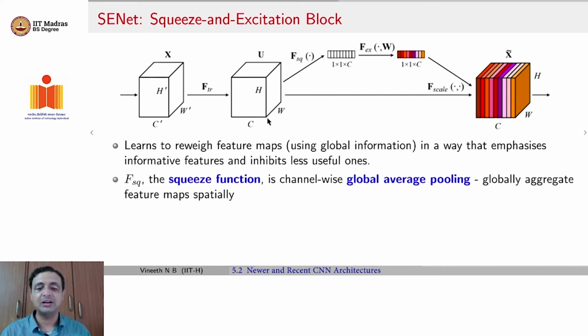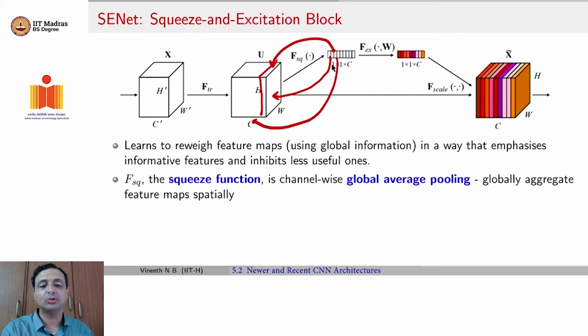So you have C channels here in U. For each channel, you take the average. That gives you, by doing global average pooling, 1 scalar per each channel. So this channel would give you 1 scalar. The next channel here, let's assume that the next channel was something like this. Averaging all of those values will give you one scalar, then similarly for each of those channels here, and that would form this 1 cross 1 cross C vector.